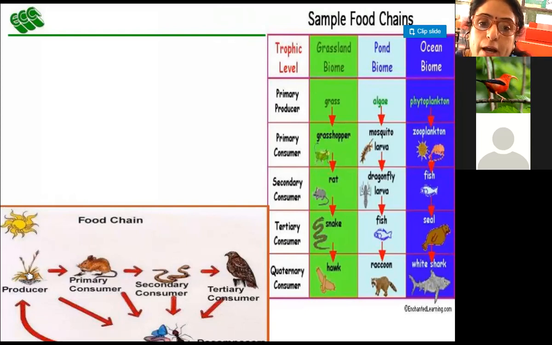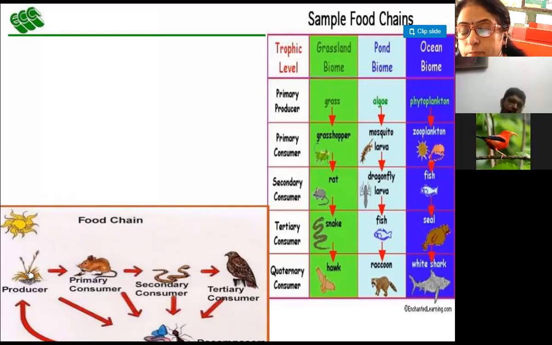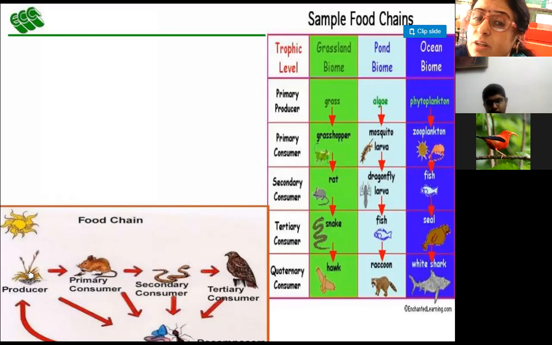Now, if the total amount of energy with the producer is 2000 joule, as per the 10% law, how much will be transferred to the primary consumer, that is the grasshopper? How much is 10% of 2000? 200.